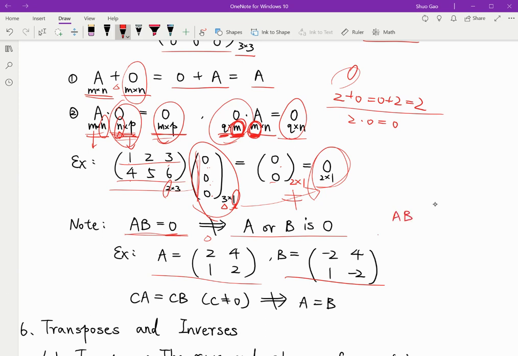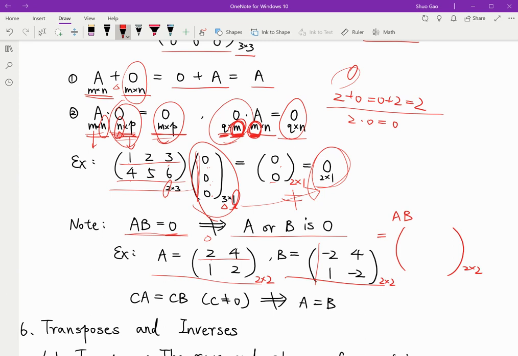We can calculate A times B. Because A is 2x2, B is 2x2, the resulting matrix should also be a 2x2 matrix. And the first element, we can use the first row and the first column, right? We calculate 2 times minus 2 plus 4 times 1.